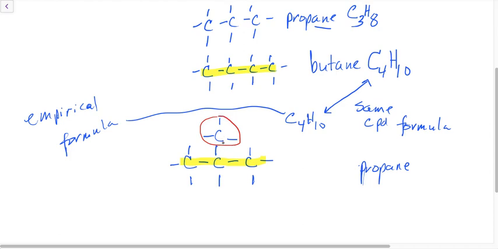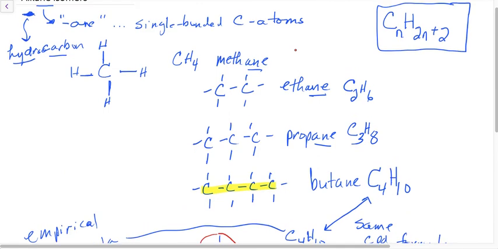And then we see right here that there is a single carbon extension. And this carbon extension is called an alkyl group. We name our alkyl groups the same way we name our hydrocarbons. If we look up here, one carbon atom by itself, a carbon bonded to hydrogens, we call methane.